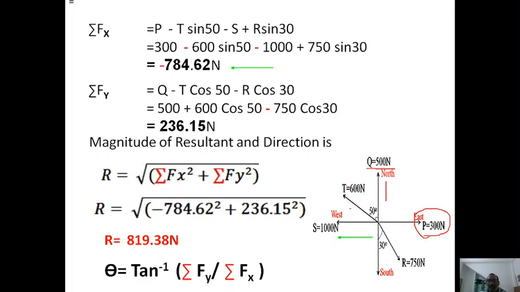And for T it is again an inclined force, hence we have to take the components. Here the angle is adjacent to the y-axis, hence cos is enough for this, hence T cos 50, and it shows the positive direction, hence we should take it as positive.